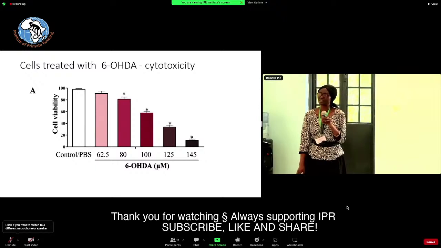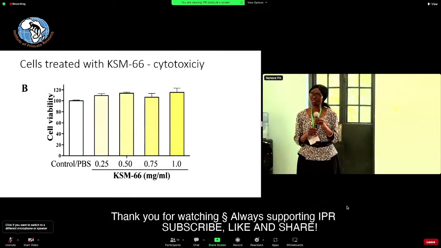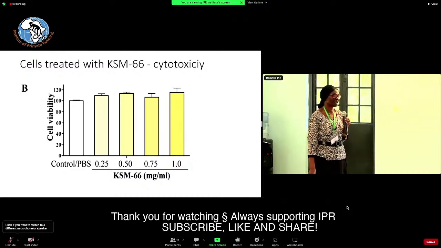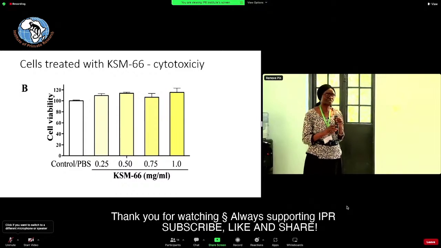Next. So this is the contrast when you use KSM66, the root extract, on the same cells. You can see that the picture is totally different. It does not show cytotoxicity to the extent seen with 6-hydroxydopamine. Next.